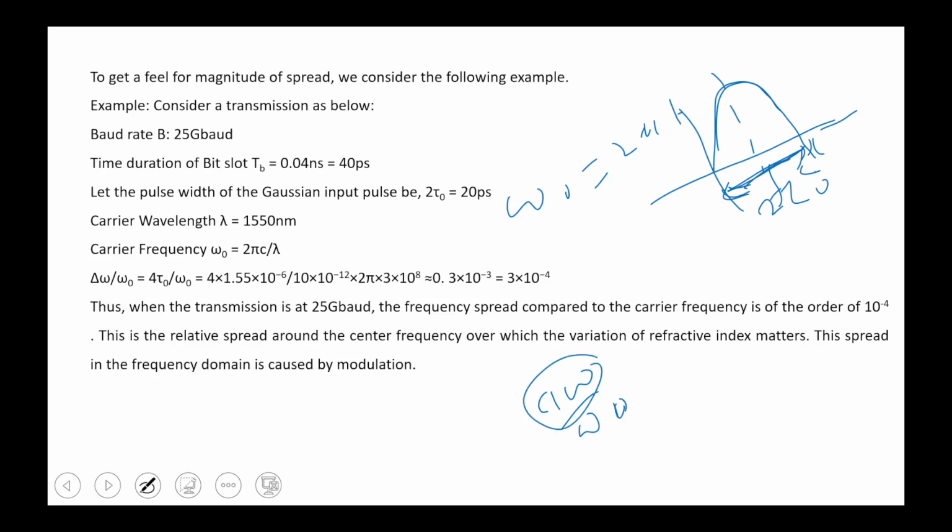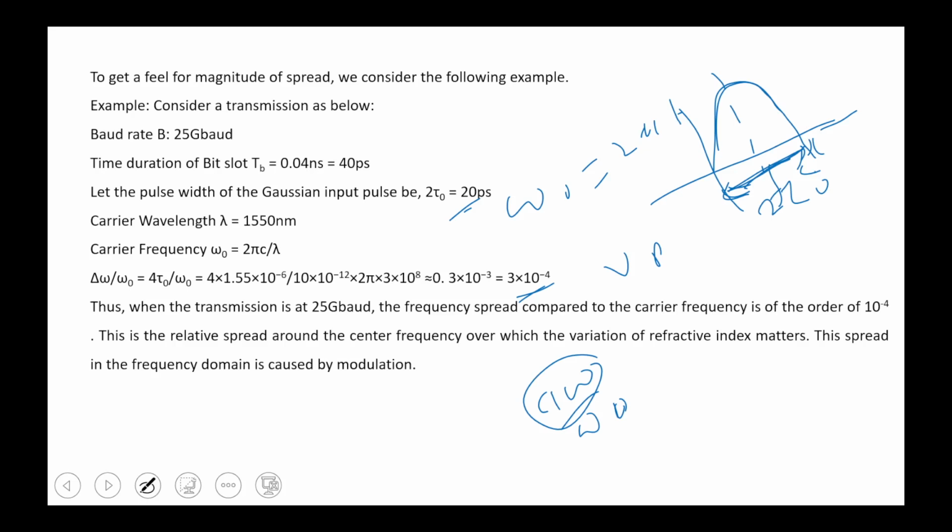We calculate this through the phase frequency, equal to 4 over T naught omega naught. T naught is given as 20 picosecond, so it comes around 3 into 10 to the power minus 4.